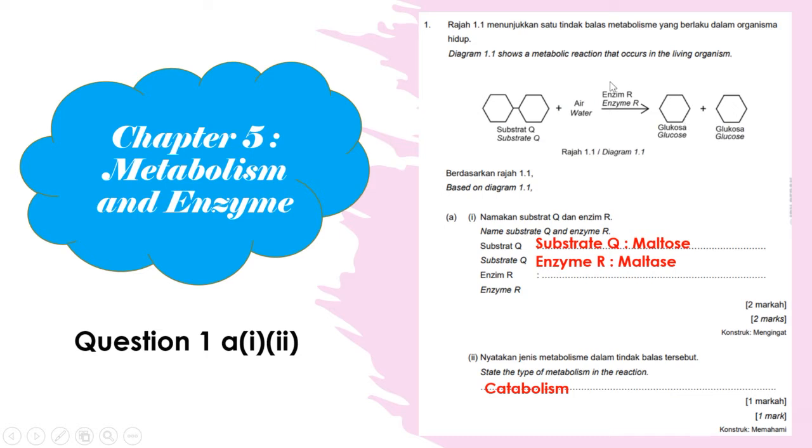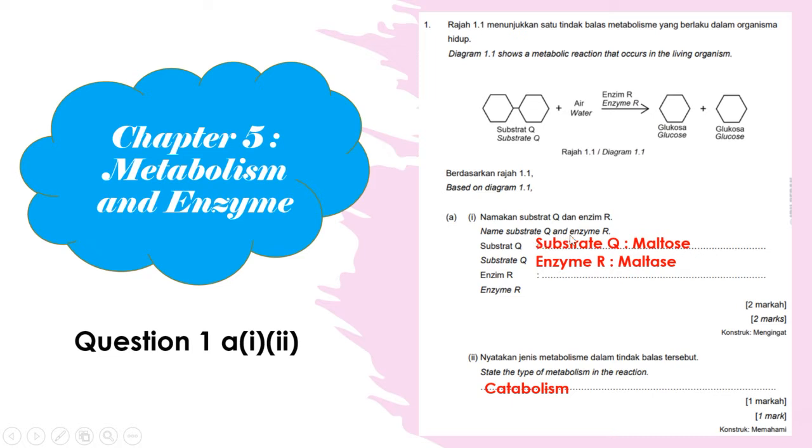When there is an enzyme present, this is referred to as an enzymatic reaction, one that involves hydrolysis. Why hydrolysis? Because of the presence of water. The substrate Q is broken down into the products with the presence of water. So we go to question A1.